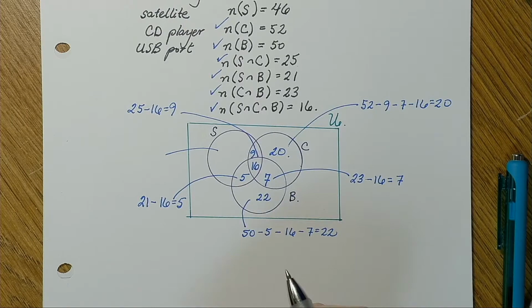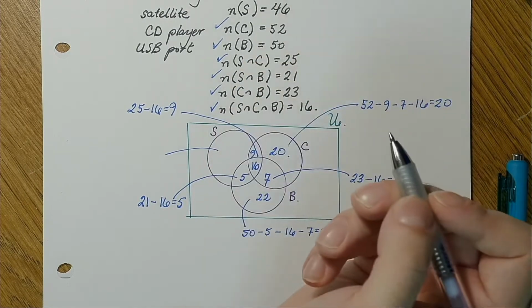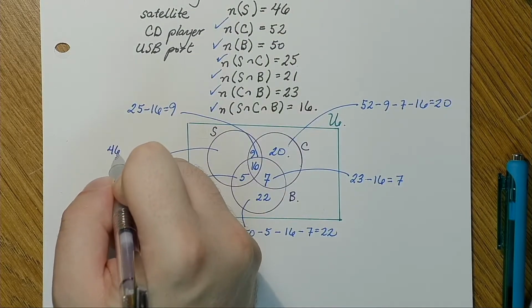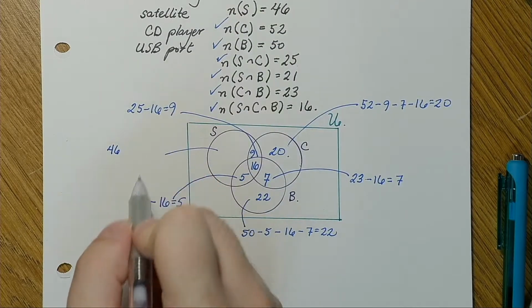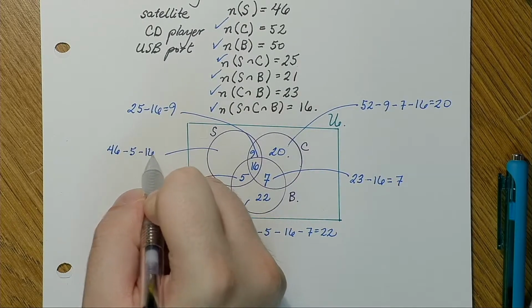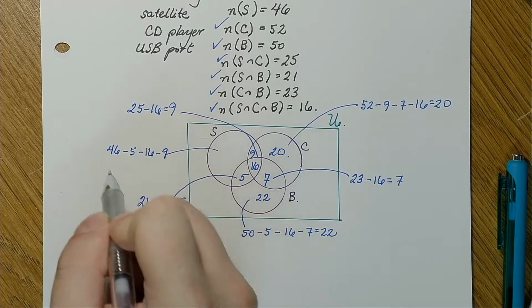Yes, okay, good. And lastly, we have the 46. So you will have 46 minus 5 minus the 16 minus the 9.